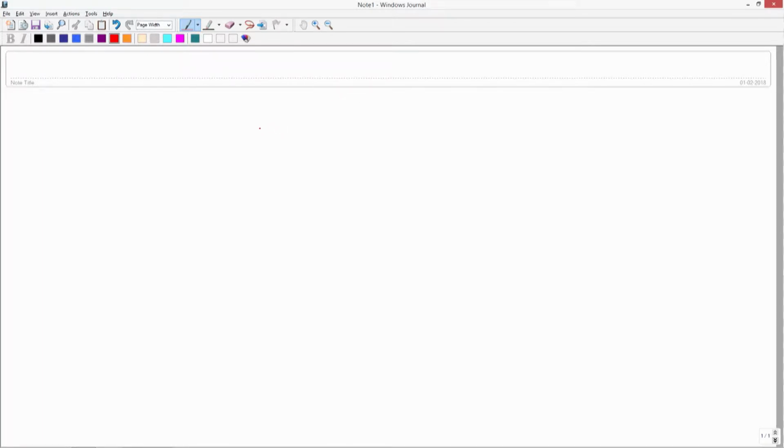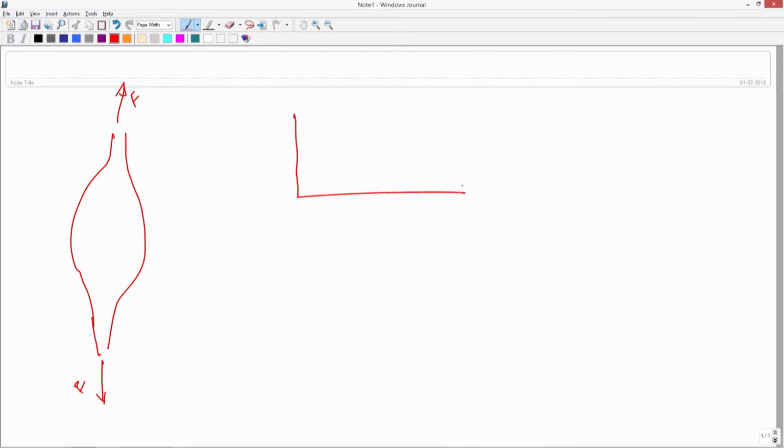So, we will start with a muscle, let us say. It is going to generate a force. Let us say we are trying to apply force over here. Okay. So, what will happen? I am going to draw a graph. Let us say this is the length, and this is the force it is generating, right.